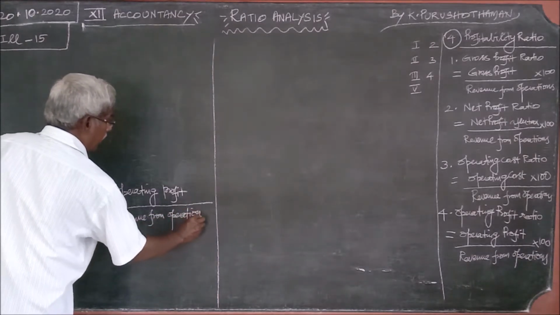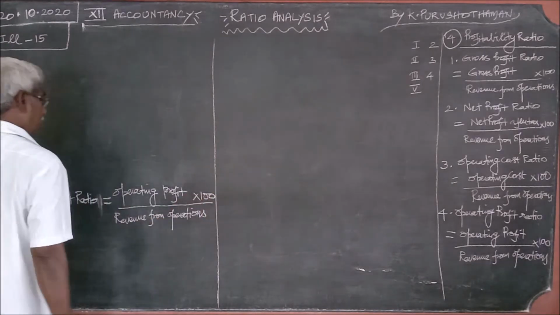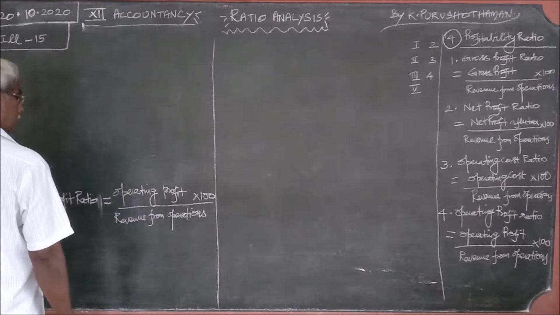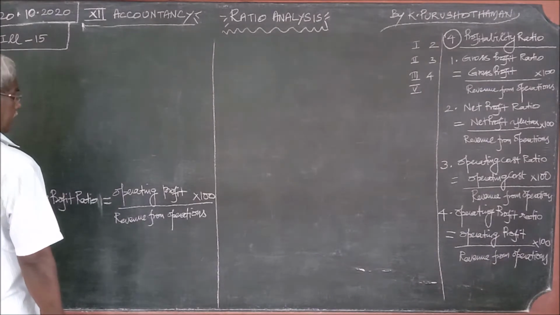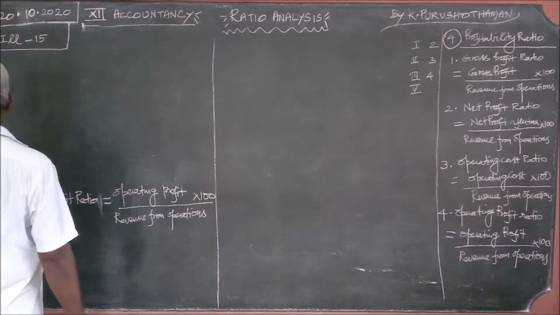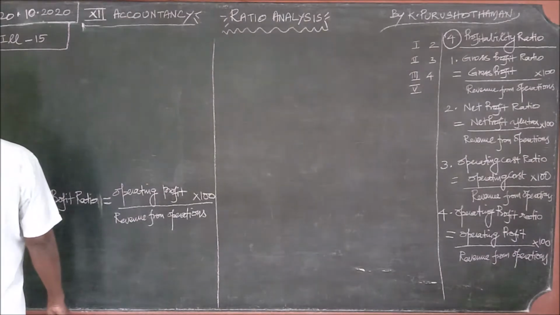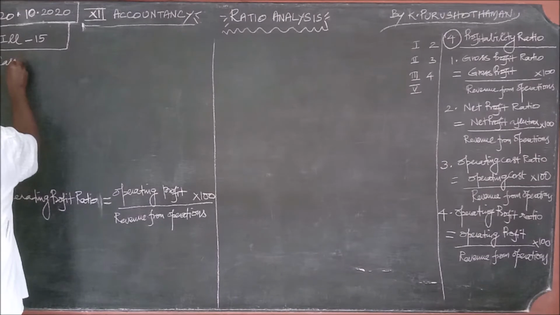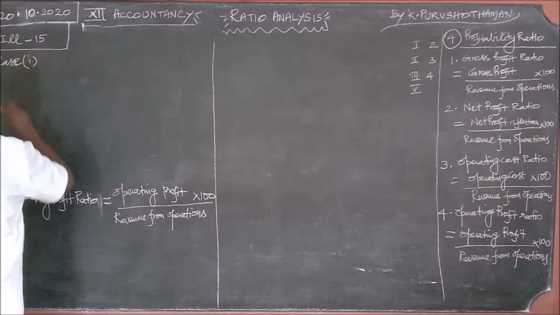This formula you can remember easily. Now we should find the numerator and the denominator. In the first problem, there are three subdivisions. That is case 1.